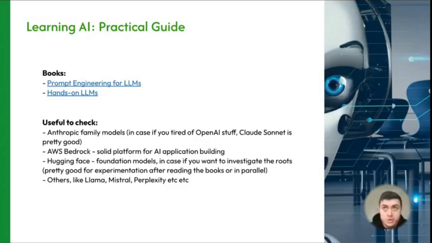It is a good choice if you're a non-technical user as well as if you're a developer, because it provides the knowledge of how to get better results from an LLM just by prompting it. There are a lot of techniques for how to write your prompt, how to structure it, how to get structured results as well, how to get better accuracy, etc. So that's the book for everyone, I guess.